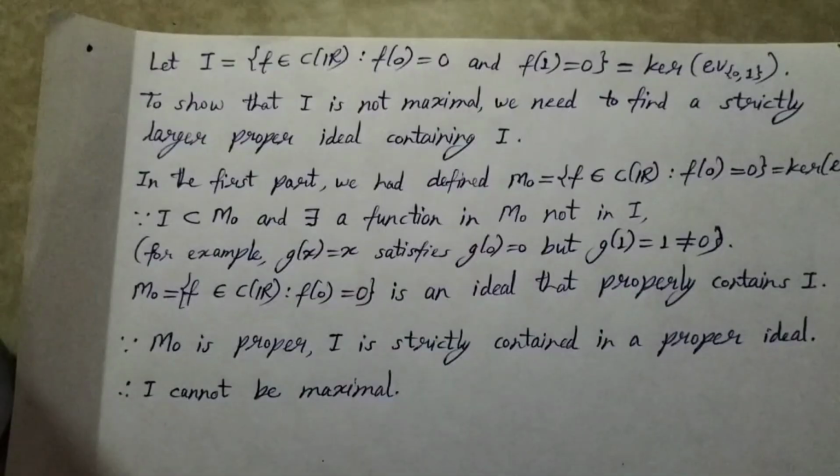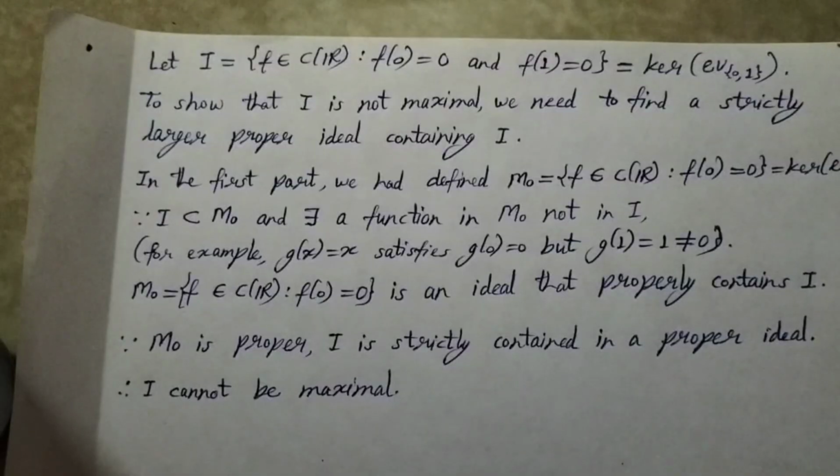So g cannot belong to I. And this clearly shows that I is a subset of M naught properly. And since M naught itself is a proper ideal, I is contained in a strictly larger proper ideal. Therefore, I cannot be maximal. And this proves the second part.